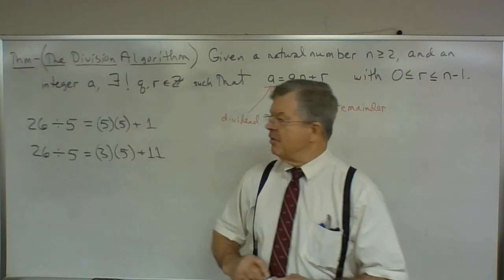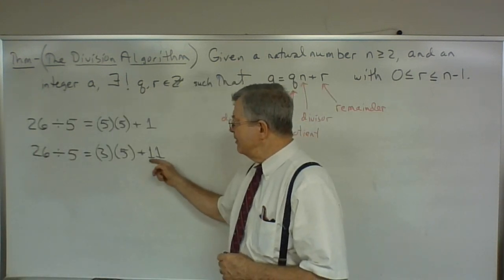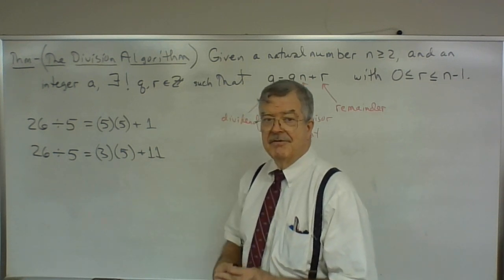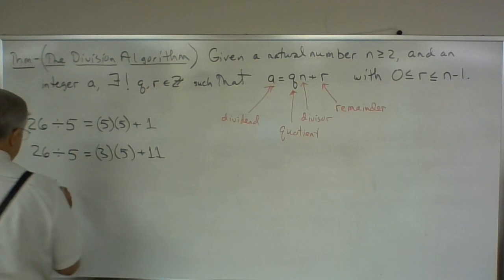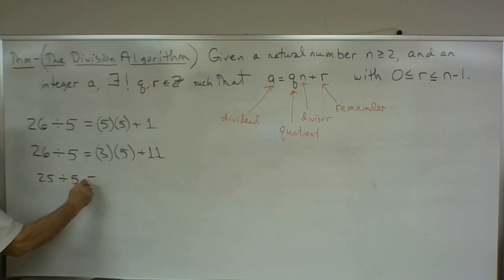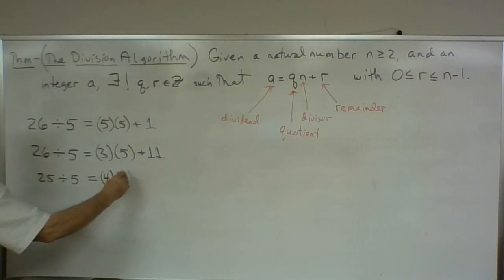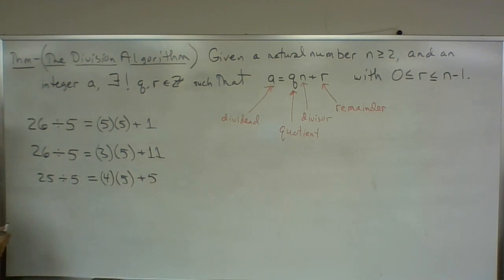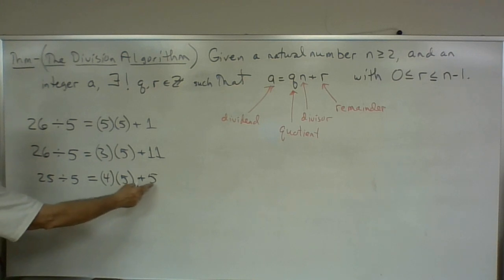Now, we weren't told that we couldn't have a remainder that's larger than the divisor or even equal to the divisor. And maybe I should touch on that point too. Suppose we have 25 divided by 5. We would never be allowed to do something like this. 25 divided by 5 is 4 times 5, remainder 5.